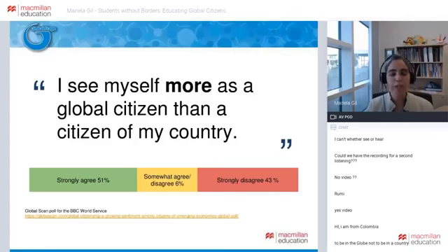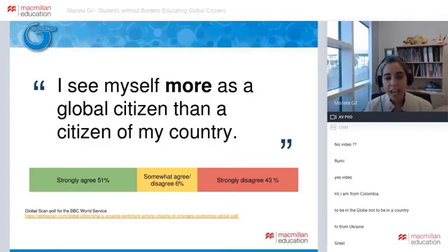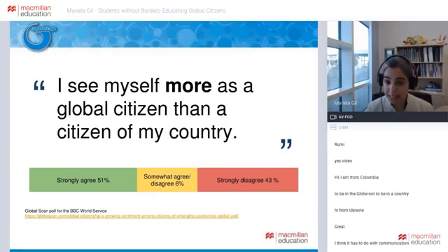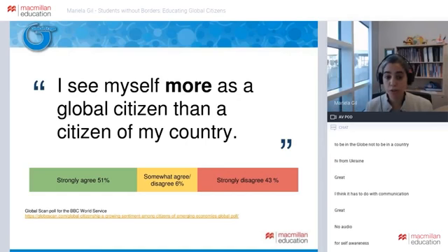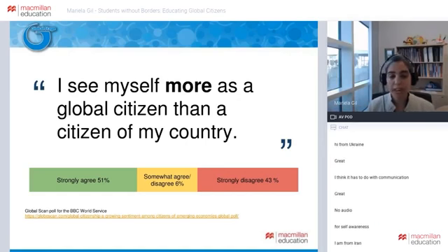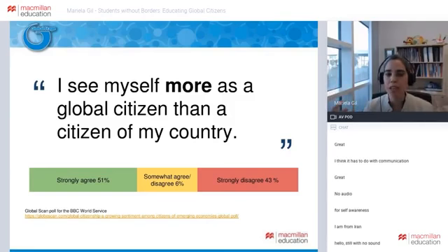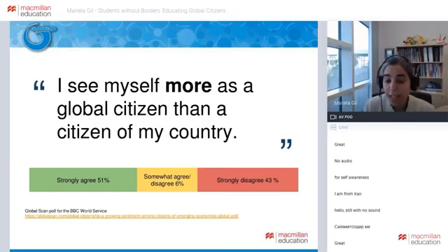There is a poll that the BBC does where they asked people if they saw themselves more as a global citizen than as a citizen of their country. And over half of the people that they polled said that they did, that they saw themselves more as connected to the world than to their particular country. 43 disagreed strongly and 6 somewhat. Now, imagine if this poll didn't put them as opposing things. Imagine if the poll said, I see myself as a global citizen and as a citizen of my country. How many more people would strongly agree?